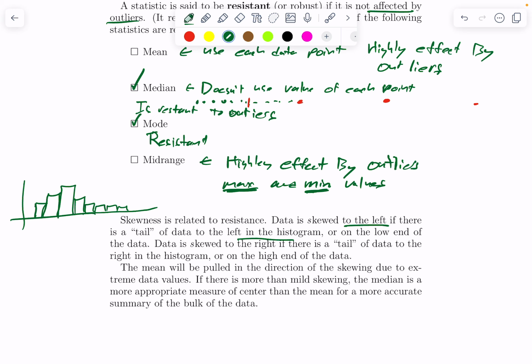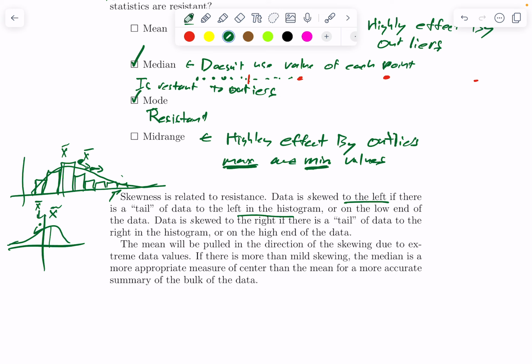And as a result, your mean is going to be pushed this way because these here are going to affect the mean. The median, though, will stay right here. So if the tail is on the right, then the mean will be pushed to the right. If the tail is on the left, then the mean will be pushed left, pushed down. X bar. And X tilde will still be right in the middle. That's the median.